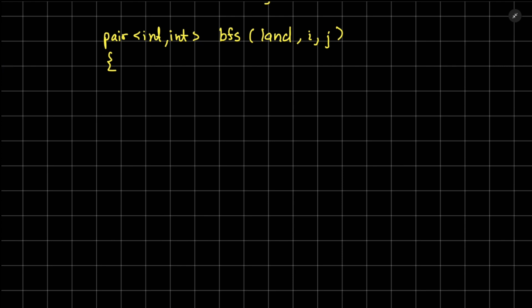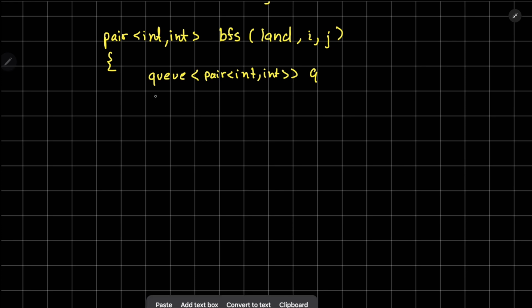As we are doing a BFS, we will have to make a queue. So we'll make a queue of pair int. Initially we'll have to push the queue with the top left cell. So queue dot push i and j. You can use the make pair function here. I'm using the curly brackets because it's more convenient.